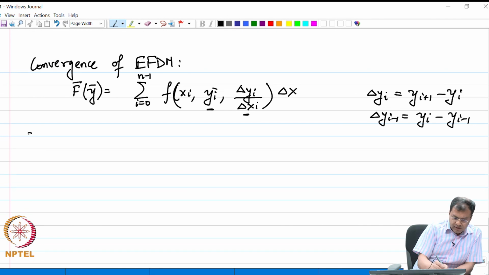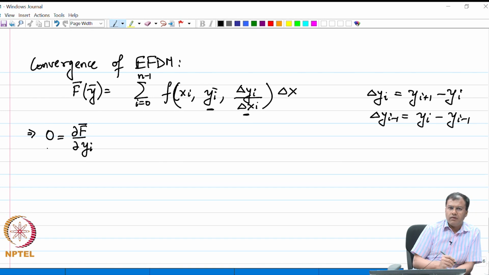So, the Euler's finite difference method says that we differentiate this vector function with respect to the variable y_i and set it equal to 0, right. And now, when we differentiate this function, we see that this is also equal to the derivative of f at y_i, that is the second argument here.